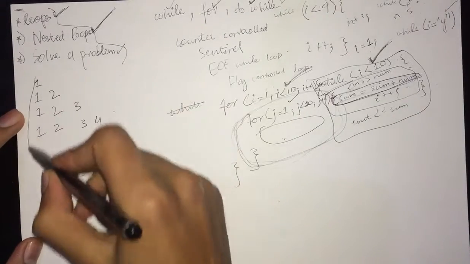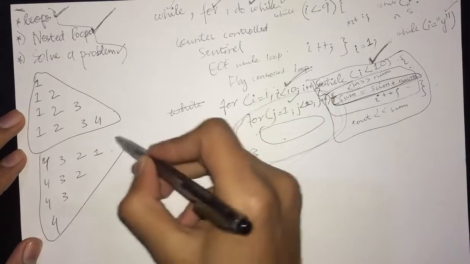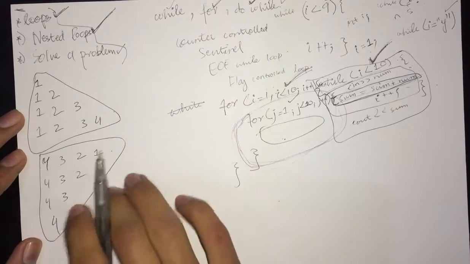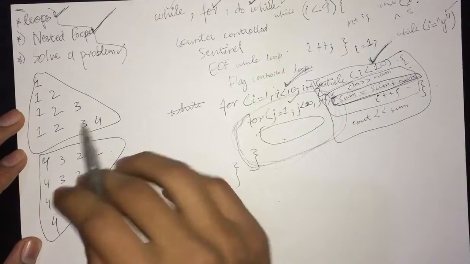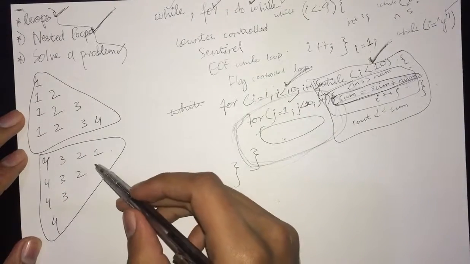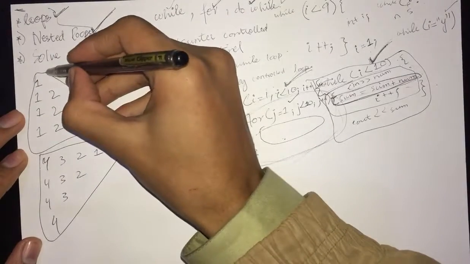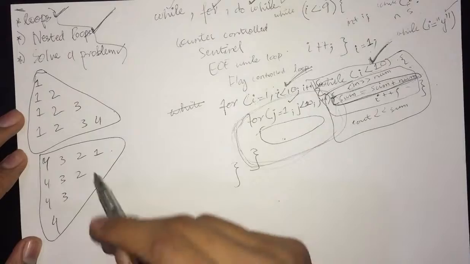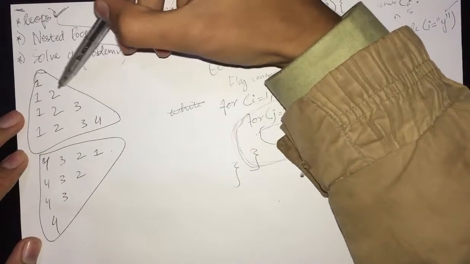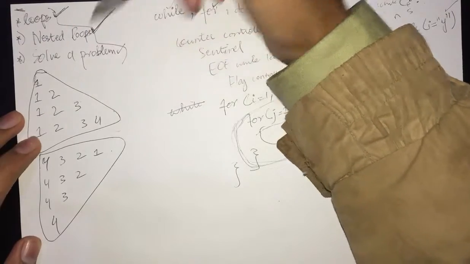So he told us first to output the result like this using the nested for loop, and then to input the numbers like this, also using the nested for loop. So here we have a problem. First of all, we will see how many times this code should be repeated. Here we have 1 2 3 4, so we have 4 lines.